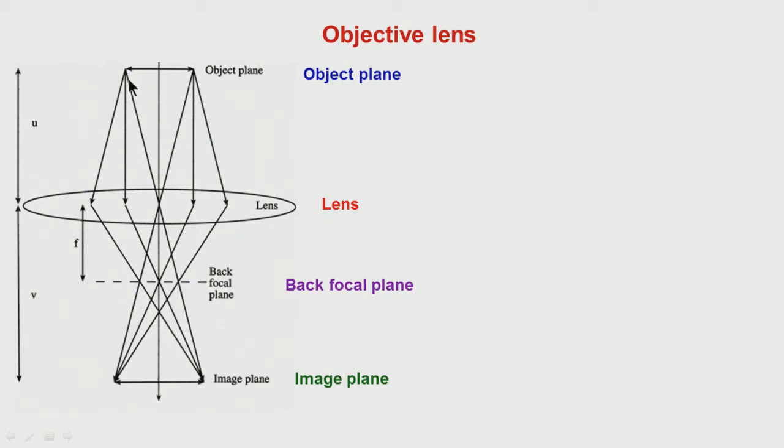From ray optics, what we know is that the rays which are parallel to the optic axis are all focused at the back focal plane, correct. And the rays which are parallel to each other and also close to the optic axis are also focused to a back focal plane.